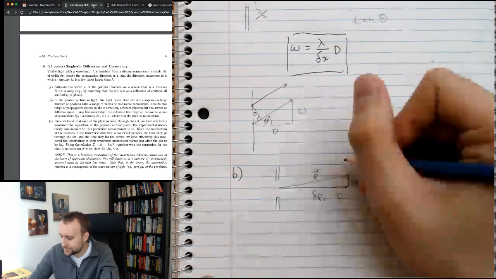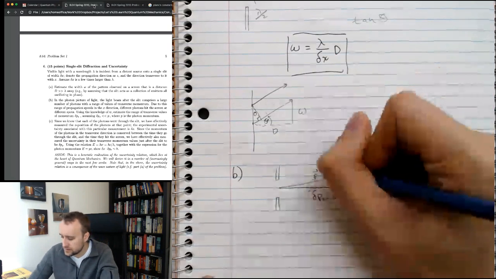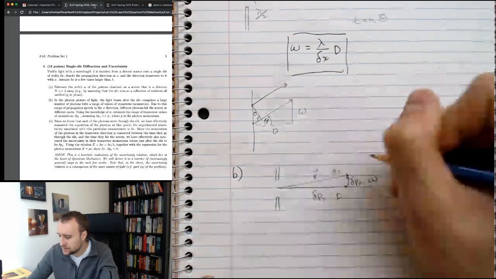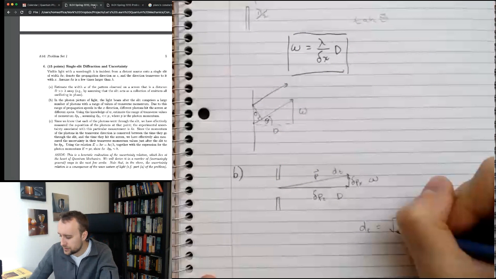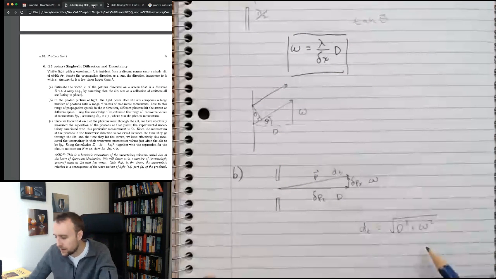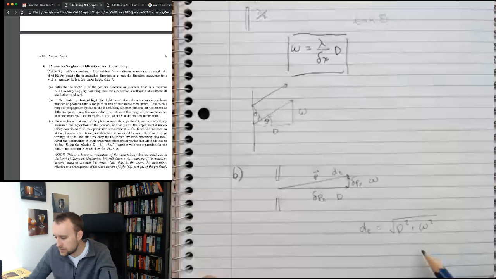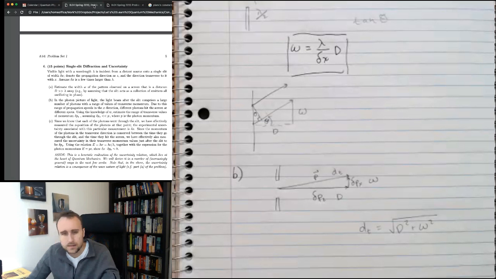Let's call this dt. So dt is equal to the square root of d squared plus this squared, and this is how far we went. Is there a different way of getting the momentum so I'm not getting the velocities here?